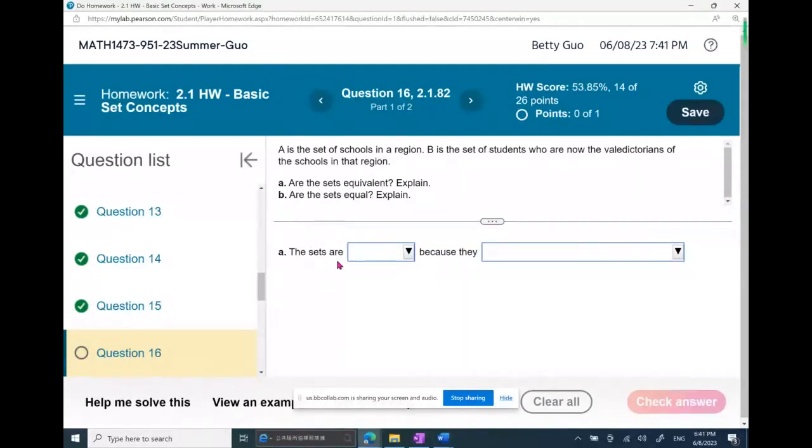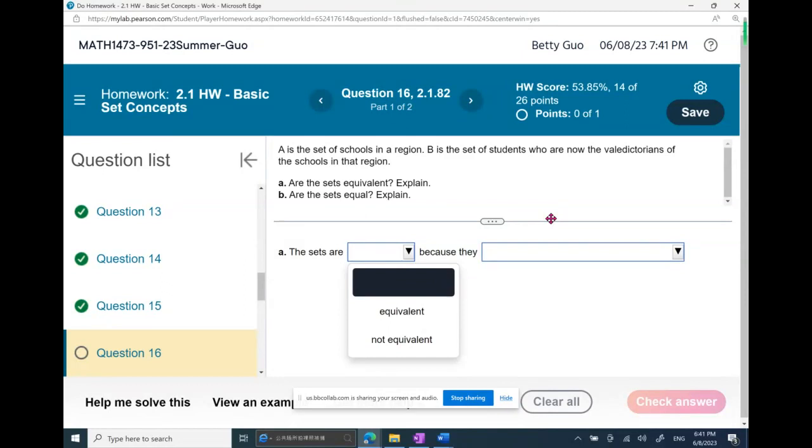Okay, so the question is about equivalent and equal sets. A is a set of schools in a region, so the cardinal number of A would be the number of schools. B is the set of students who are now the valedictorians of the schools in that region. Does every school only have one valedictorian every year?